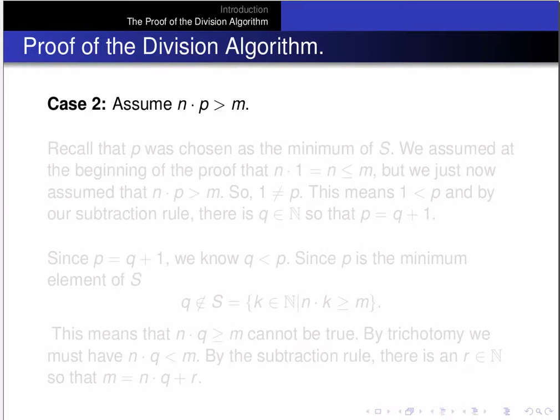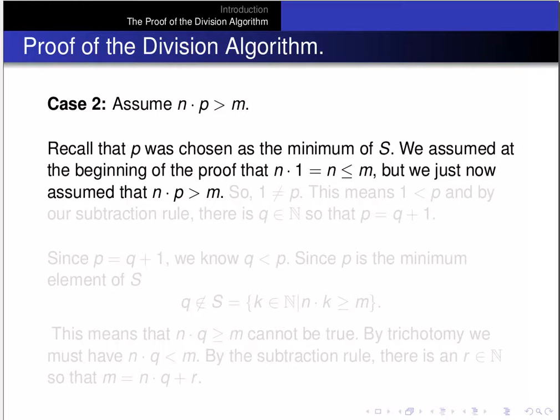Case 2 is where n times p is greater than m. Now, recall that p was chosen as the minimum of S. We assumed at the beginning of our proof that n was less than or equal to m. So n times 1 is less than or equal to m, and m is strictly smaller than n times p.